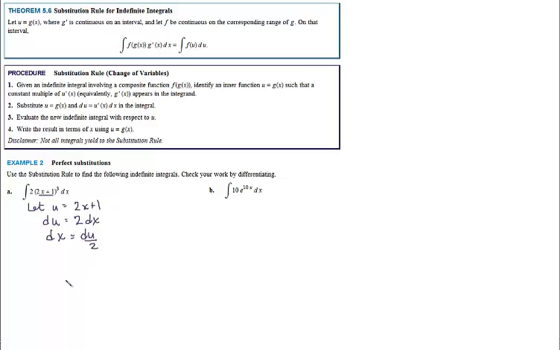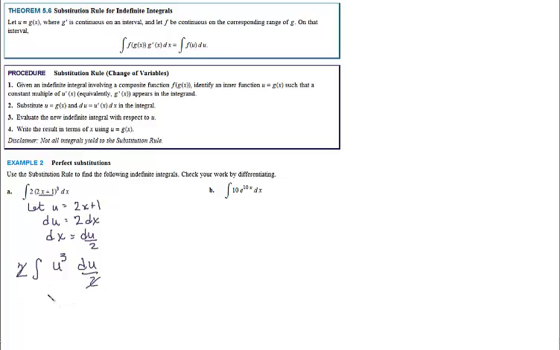Now I'm going to do my integration. I'll have integral of, I'm just going to pull this 2 out front because I don't need it right there, and then I'll have u to the third du over 2. Okay, well this will be nice, that'll do that there.